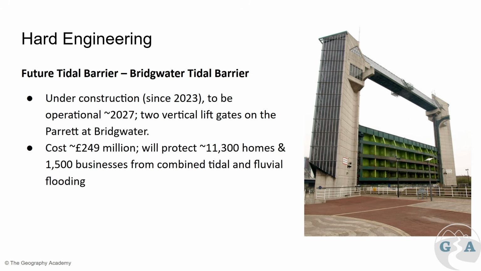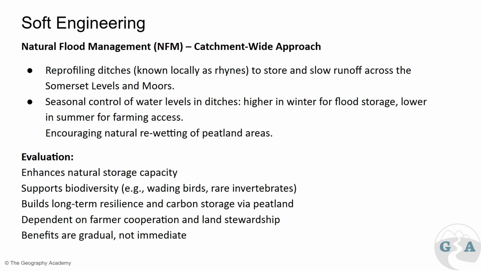So this is a long-term solution, but when it is completed, it has an immediate effect. So it's going to be able to do that job straight away. And this makes it incredibly useful. So we're always looking at that evaluation of the soft and hard engineering approach to these things and really weighing up the difference between the two. That's obviously a big part of some of the model questions and answers in the exam section of the course.